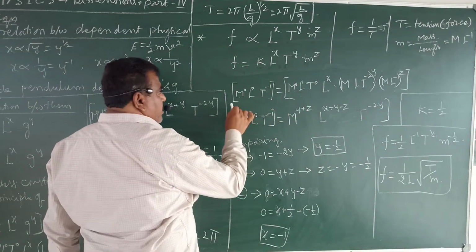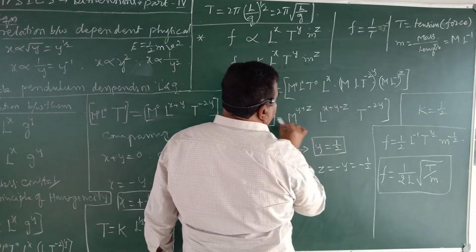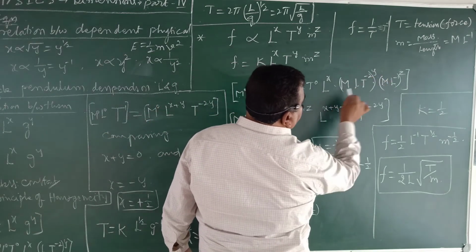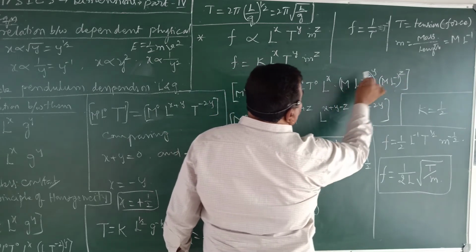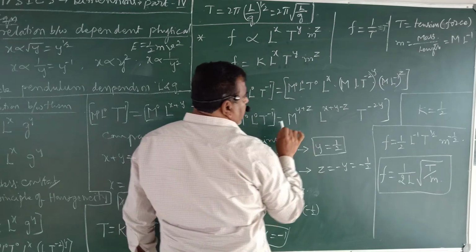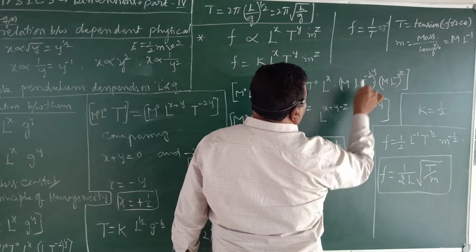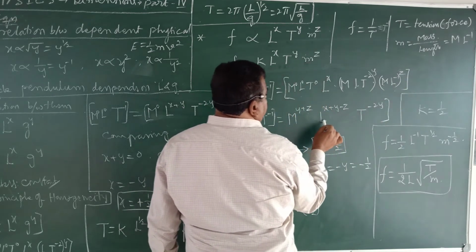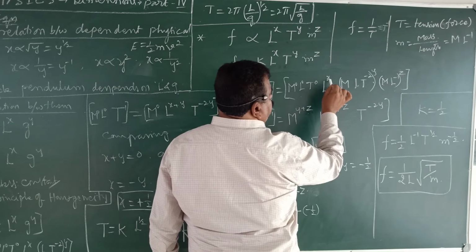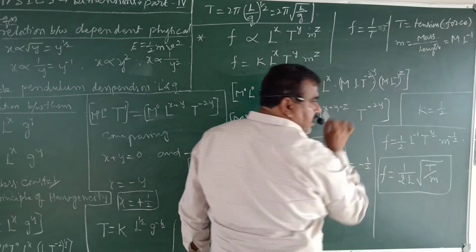If I simplify this using laws of indices, here M power 0, here M power y, here M power z, therefore M power y plus z. Then L power 0, L power x, L power y, L power minus z, finally L power x plus y minus z.